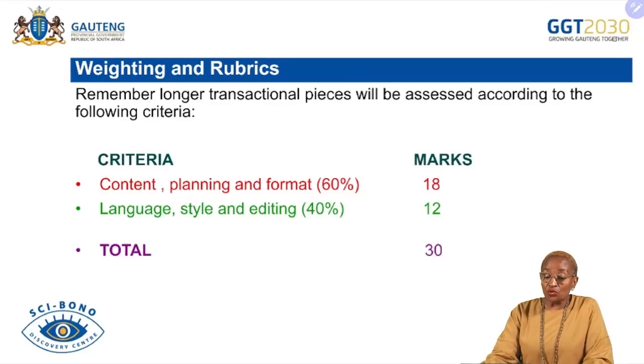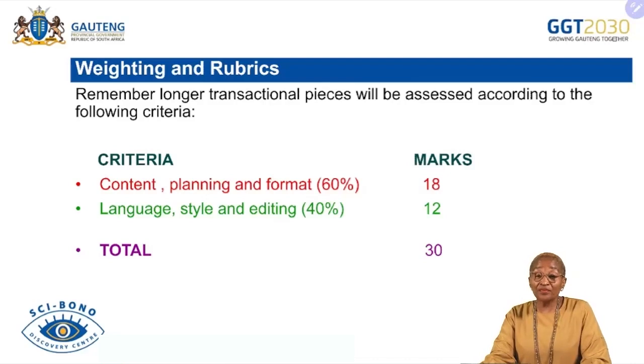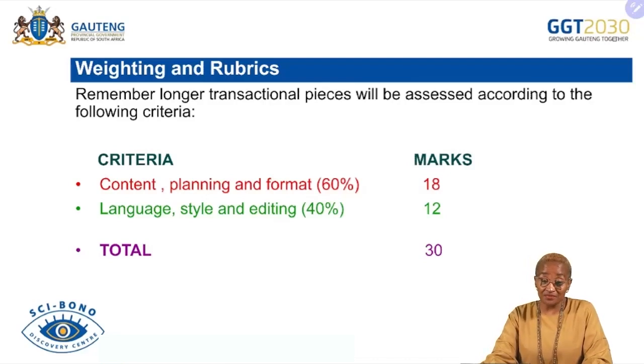So each and every longer transactional piece has a total of 30 marks. And do you know what's the good news here? You can get 30 out of 30. And I'm sure a lot of you are saying, but how? I've never got 30 out of 30. You definitely can get 30 out of 30.